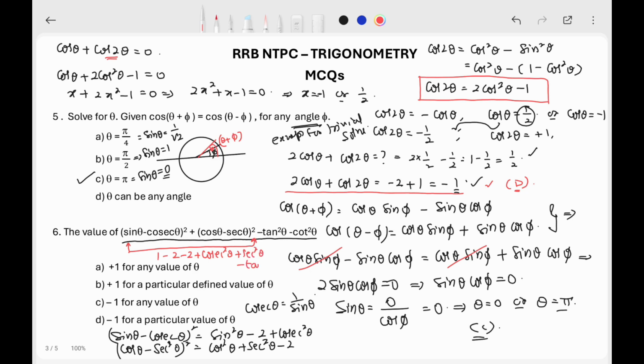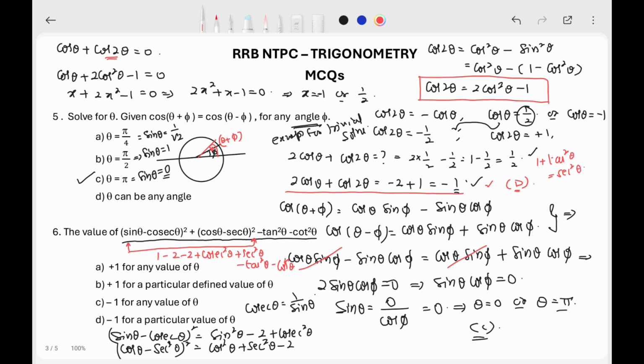minus tan square theta minus cot square theta. I have told you many times the relations between tan square theta and secant square theta, and cot square theta and cosecant square theta. 1 plus tan square theta, what is that value? 1 plus tan square theta is equal to secant square theta.